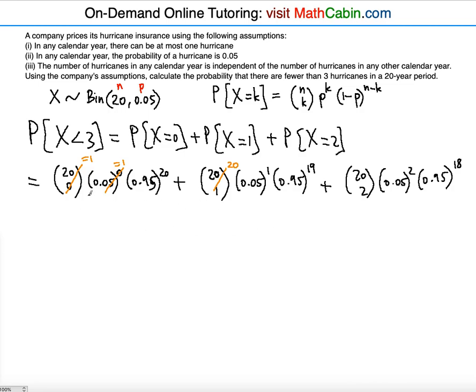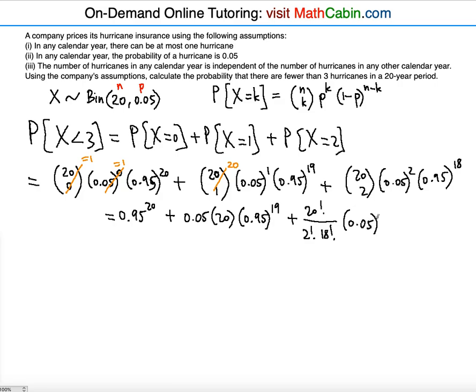So basically you're dealing with 0.95 raised to the 20th power plus 0.05 multiplied by 20, I just changed the order, times 0.95 raised to the 19th, plus, now this 20 choose 2, just in case you didn't know, is equal to 20 factorial divided by 2 factorial and the difference of 20 and 2 factorial, which is 18 factorial. Then that's going to be 0.05 squared times 0.95 to the 18th power.